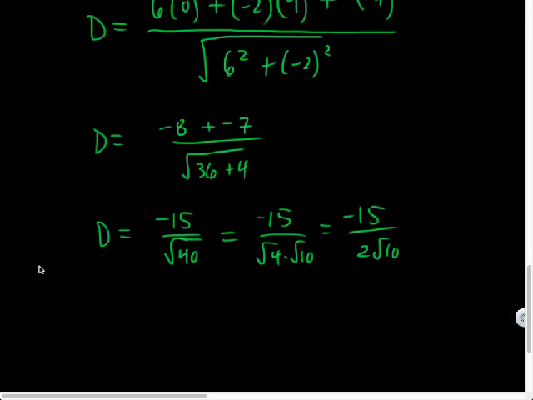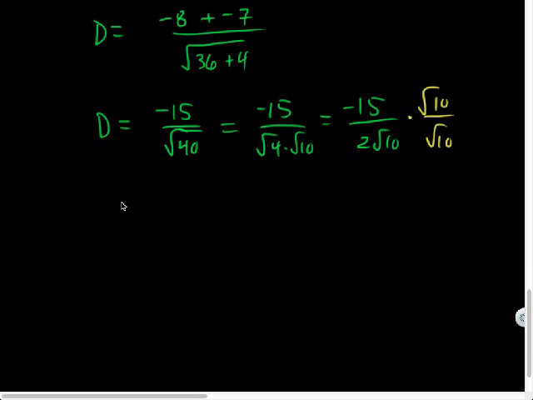I'd multiply top and bottom by root 10, and I'll get negative 15 square roots of 10 over 2 times 10, which is 20. Then 15 and 20 cancel partially: 5 goes into 15 three times, and 5 goes into 20 four times.